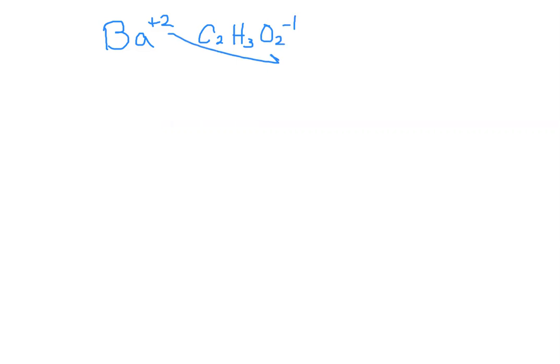So when we make barium acetate, we're going to have Ba(C2H3O2)2. Okay, there's barium acetate, and it is going with potassium phosphate.